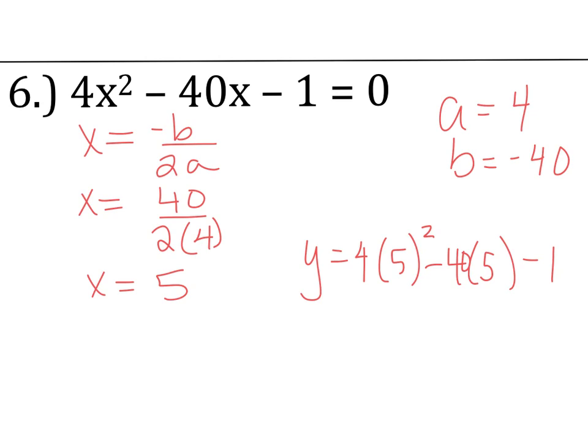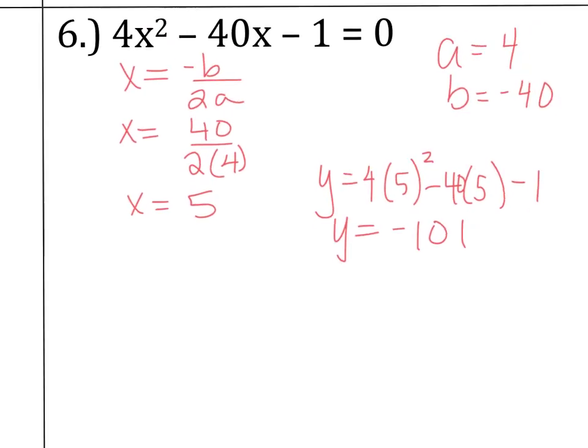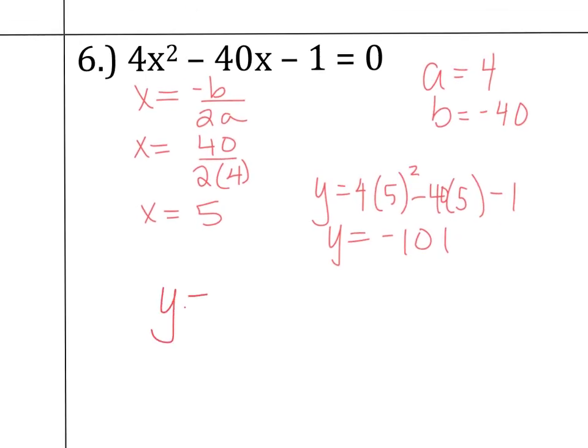First we have to square the 5, or you could just type the entire thing into your calculator the way I wrote it, but make sure you do exponents first. This gives me -101. So that means my vertex is 5 and -101. If I'm going to write myself an equation, it's going to say a, which is 4, x minus h, which is x minus 5, squared minus 101.